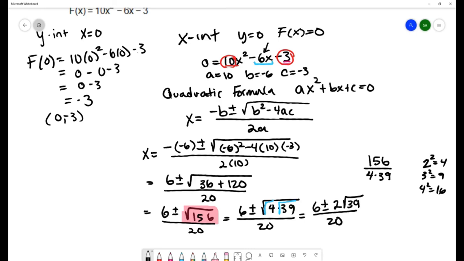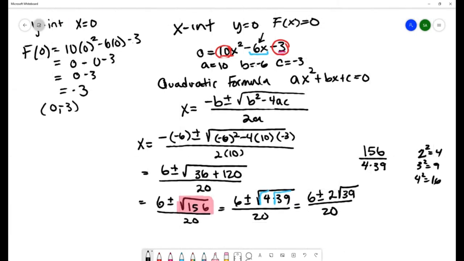And then I have one more simplification that I'm going to do, and that is that we have a fraction. And we always want to write our fractions in lowest terms. So what I'm noticing is that 6 is an even number, 2 is an even number, and 20 is an even number.